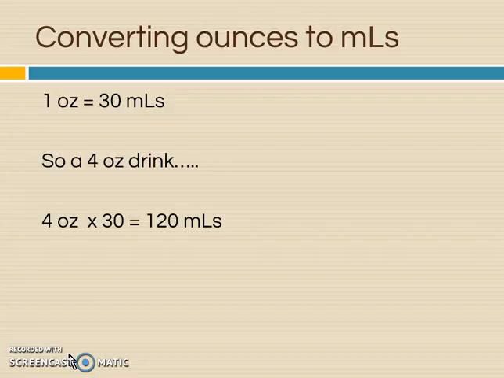And so it doesn't have to be absolutely precisely exact. Output would probably need to be more exact. And if you were doing IV fluids or something of that nature, it would already be in milliliters. So then again, you would have to be exact. But as far as by mouth liquids, ounces to milliliters, we're going to use 30.